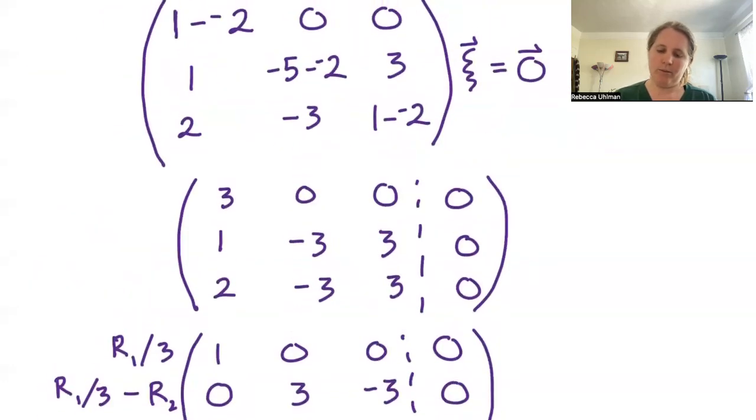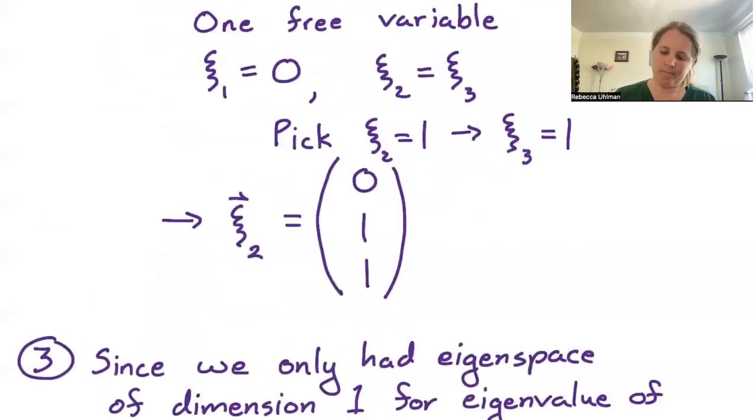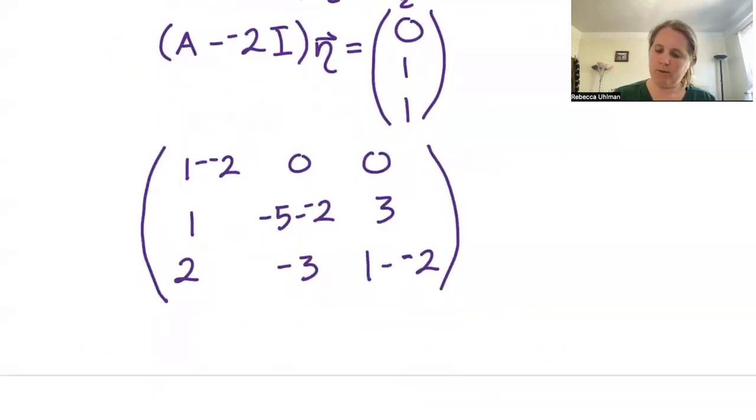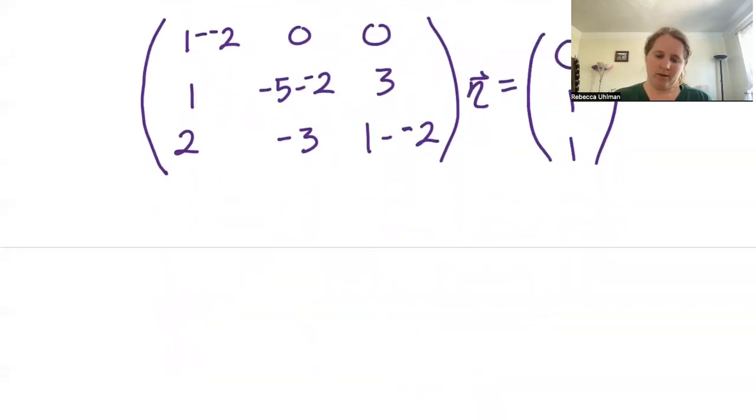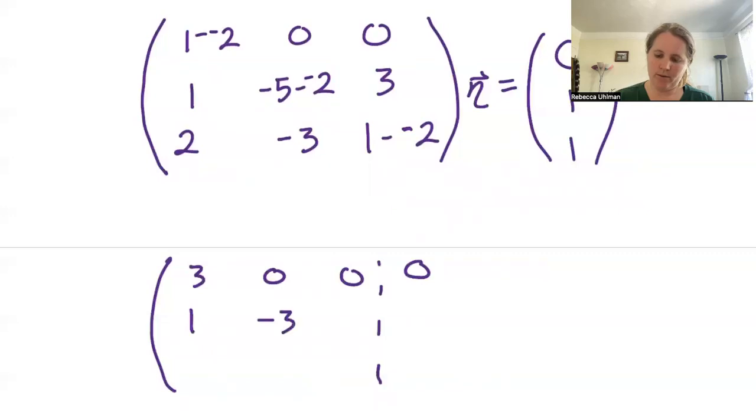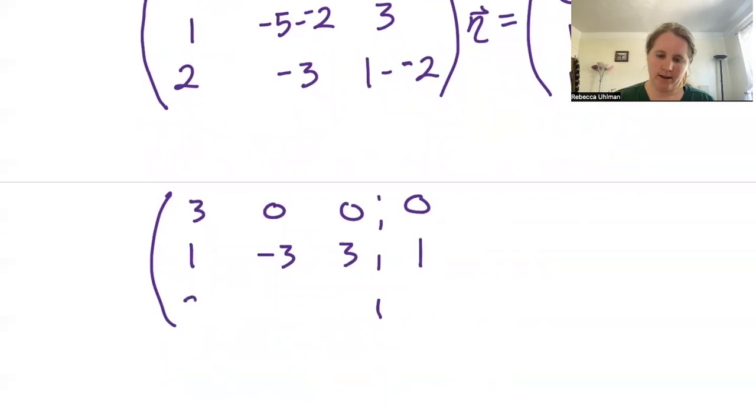Yes. So this is multiplying our eta to get 0, 1, 1. Then we are looking at 3, 0, 0, 0 for our first augmentation. 1, -3, 3, 1 for our second augmentation. And 2, -3, 3, 1 for the last augmentation.